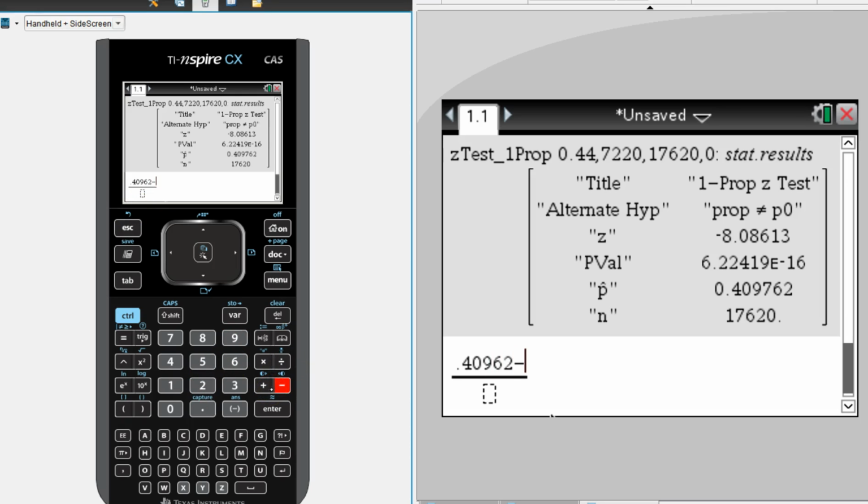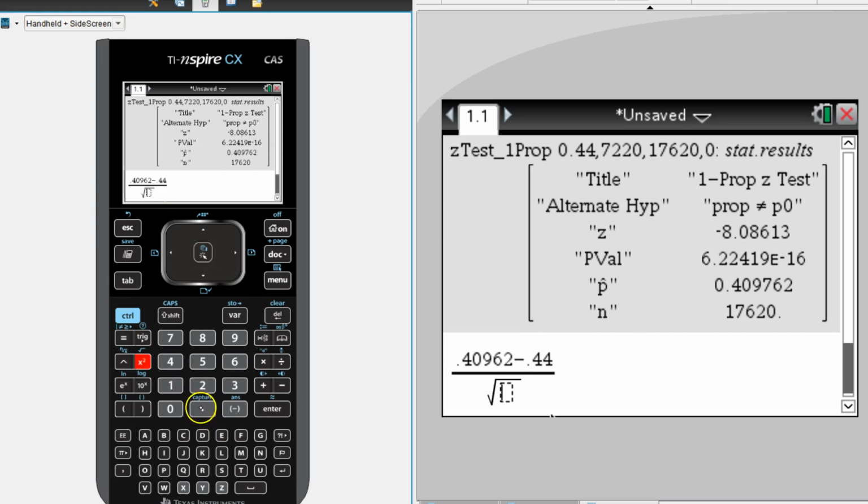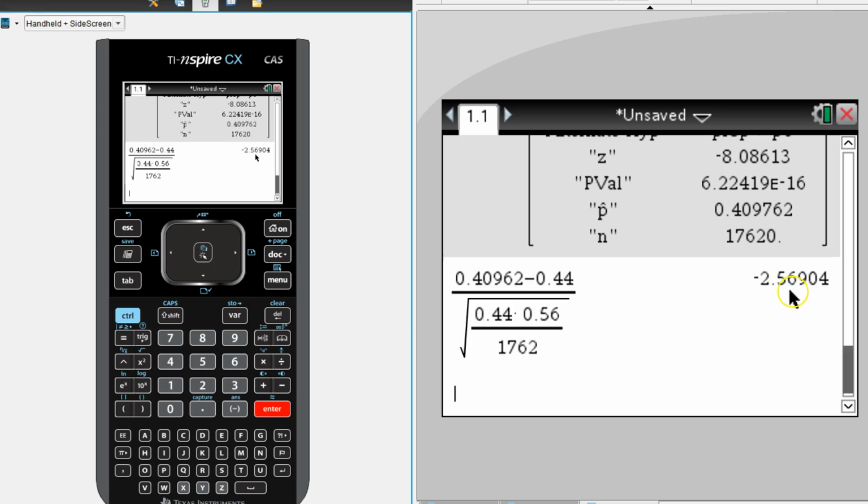The claim was 0.44, divided by the square root of 0.44 times 0.56 divided by, and what was the sample size? 1762. I'm not going all crazy with it, just the regular one, okay? So that gave me my negative 2.569.